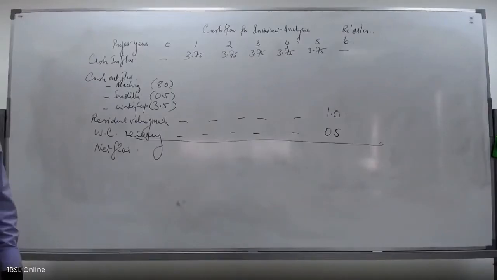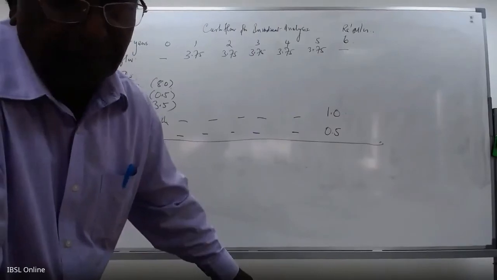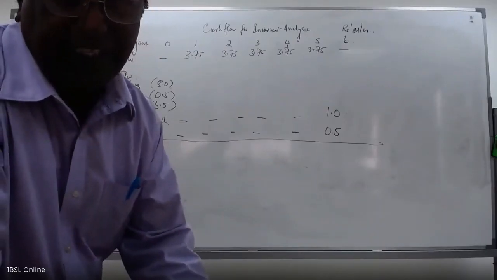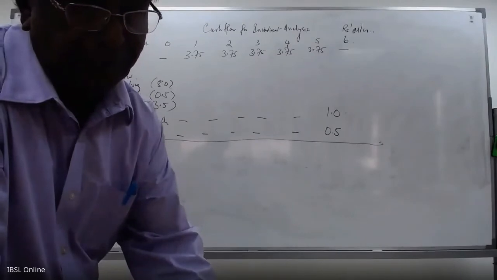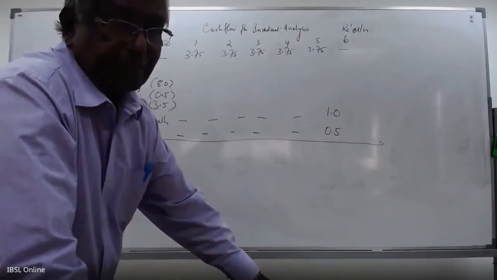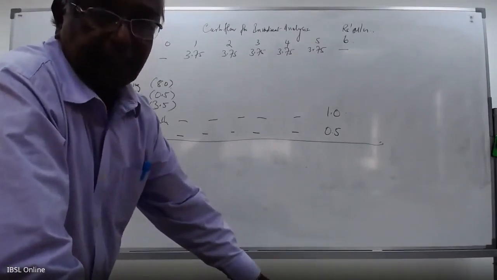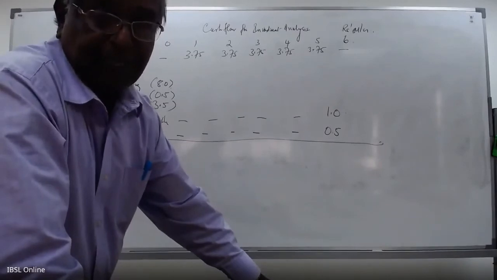Yes. So working capital 3.5 million, right? Your recovery of working capital 0.5 million, is that correct? Yeah, you will recover at the end of the project. When you close down everything, the working capital will be converted into cash. So that should be 3.5 then. Yes.